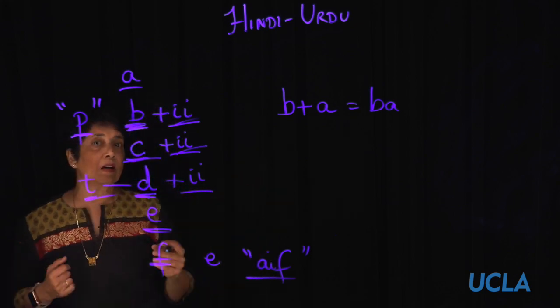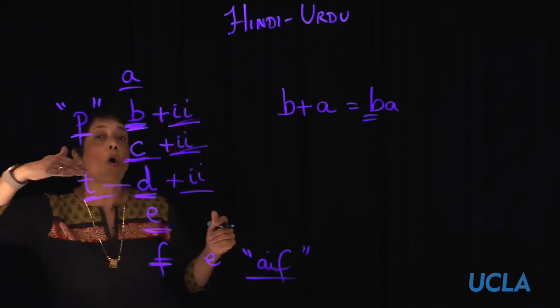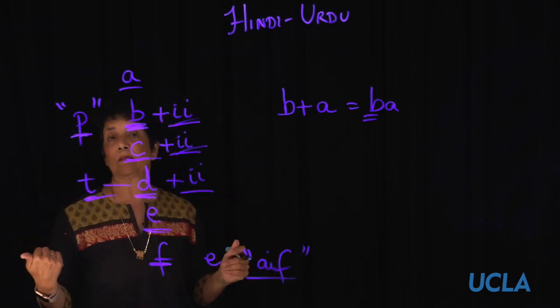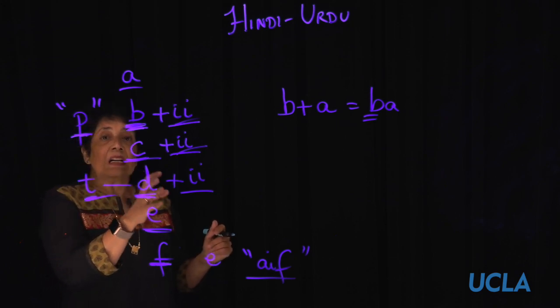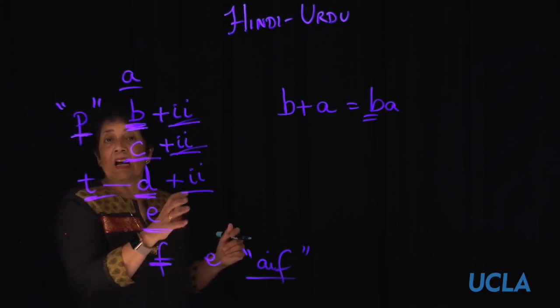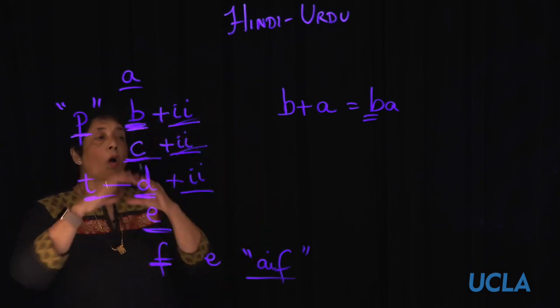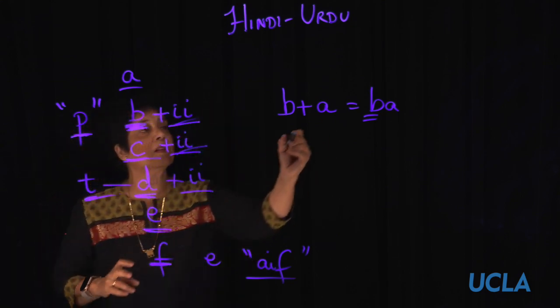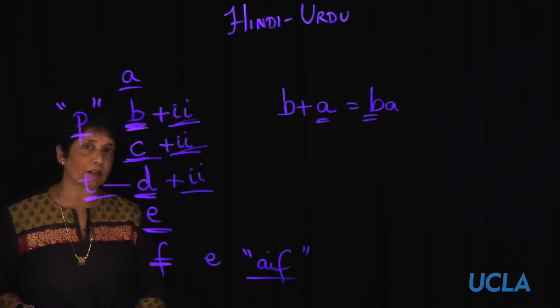We won't write the vowel down, but we'll pronounce it all consistently. Okay, so we're going to go ka, kha, ga, gha, cha, chha, ja, jha, ta, tha, da, dha, etc., all using the same vowel to release the consonant. Okay.